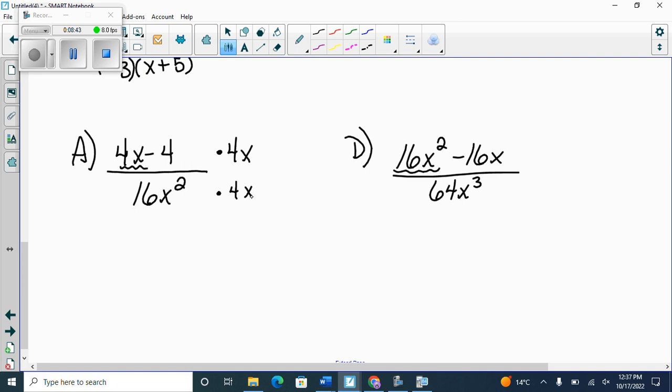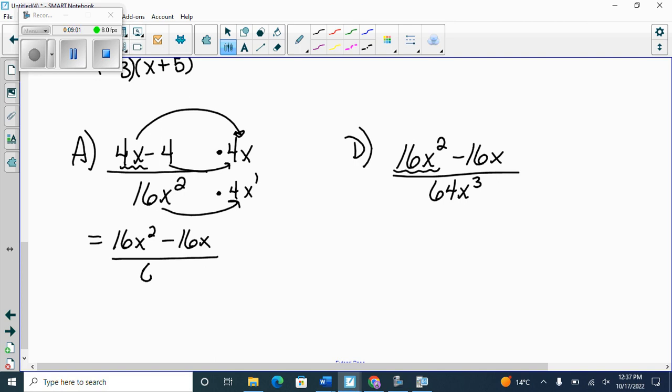So let's see if we get D. 4x times 4x is 16x squared. Negative 4 times 4x is negative 16x. All over 16x squared times 4x is 64x to the 3, because you add exponents when you have the same base.